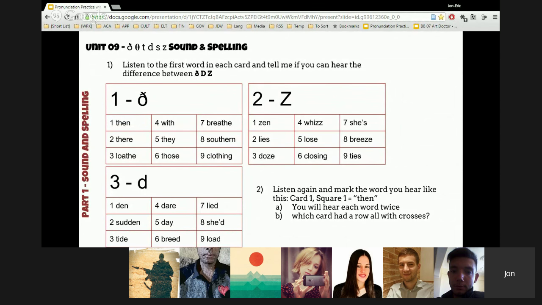So if you see 1 1, you've got then. If I said with, you would write 4 1. If I said breathe, you would write 1 7 like this.